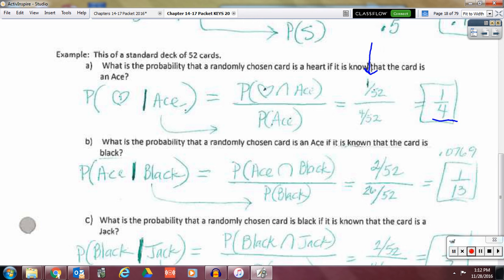See, it is known that the card is an ace. So therefore, that is the given that it is an ace. What's the probability that it is a heart? Correct. So that's why it instinctively makes sense to go straight here to this 1/4. Okay?